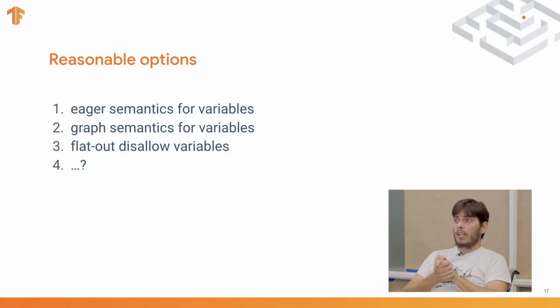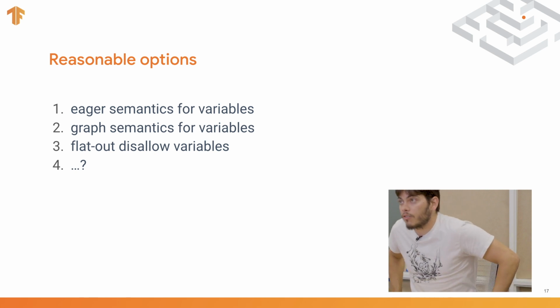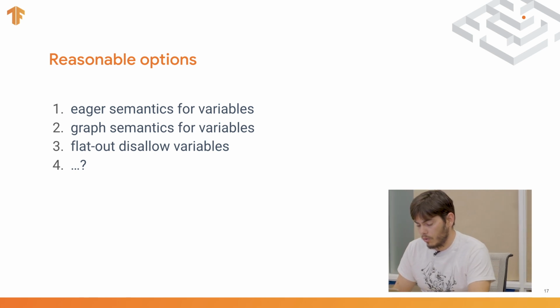We could also choose that tf.function is going to follow v1 graph semantics for variables, and every time you create a variable, we reuse it based on the name or something like that. These are very easy options to implement. A third option that's also very easy to implement is just to disallow creating variables in tf.function. These are all reasonable options, relatively straightforward to implement, and not what we chose to do.